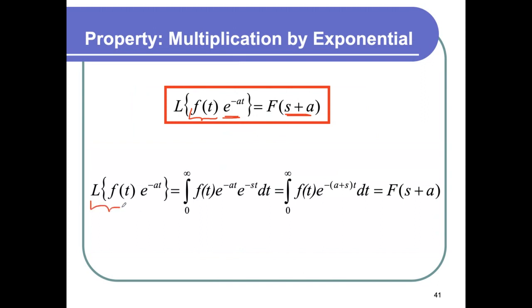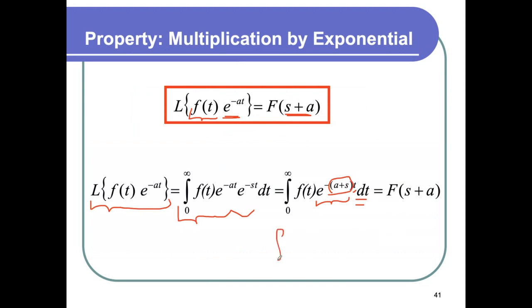We have the Laplace transform of f multiplied by the exponent, which is equal to the integral of f e to the power of minus at times e to the power of minus st. This guy is simply e to the power of minus (s plus a)t dt, which is the Laplace transform at s plus a.